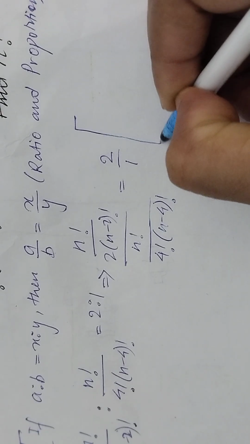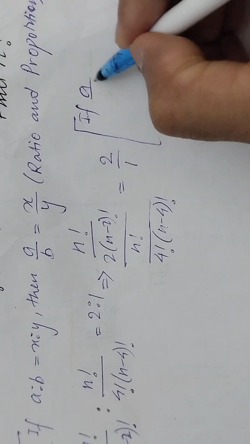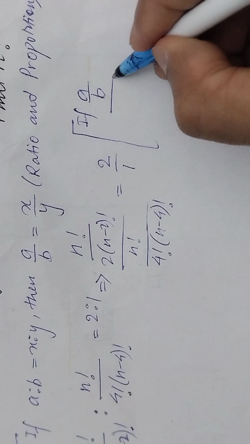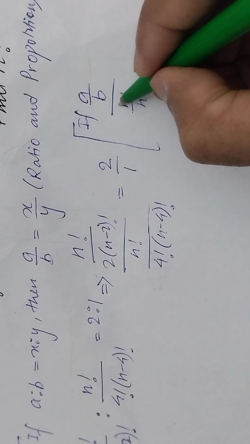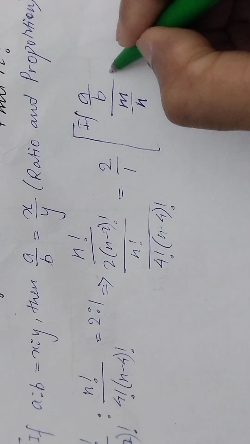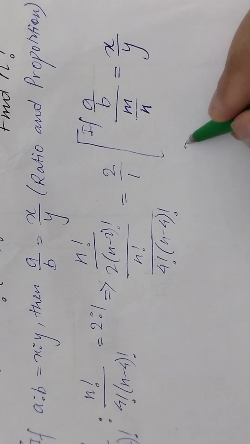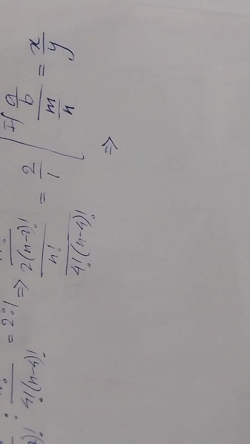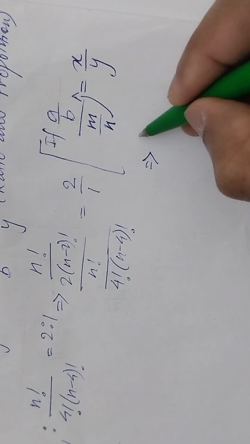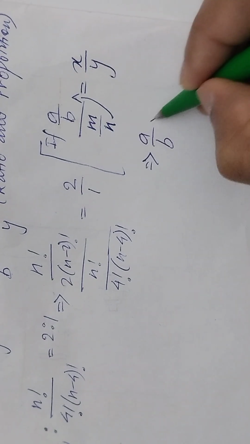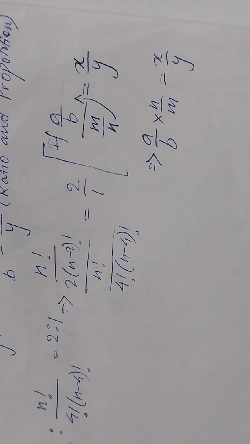If a by b divided by m by n is equal to x by y, then we can write it as a by b into n by m is equal to x by y.